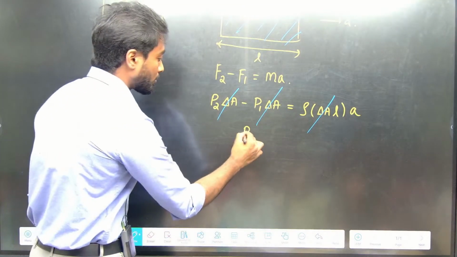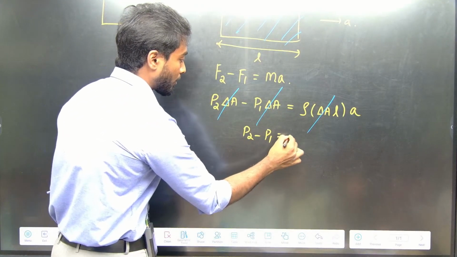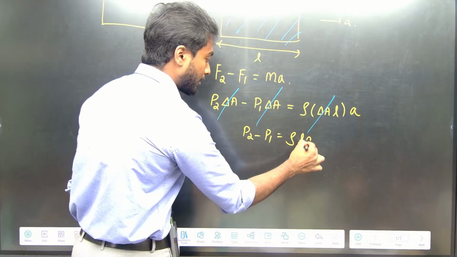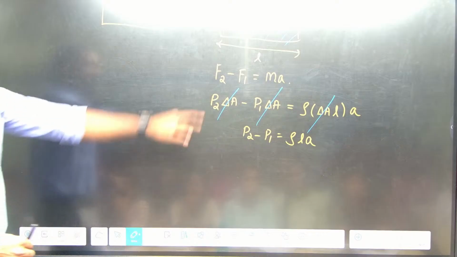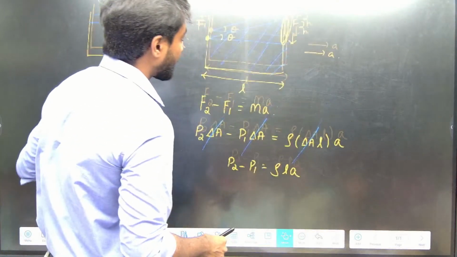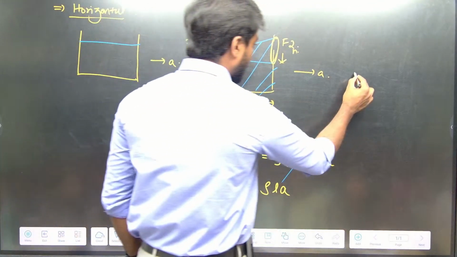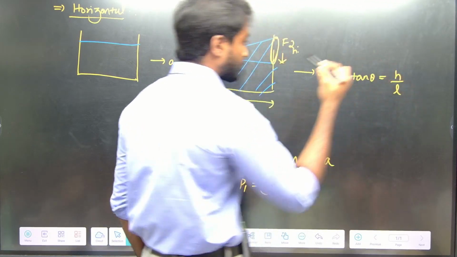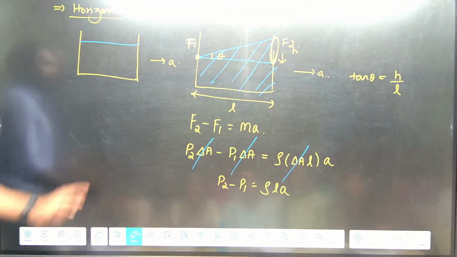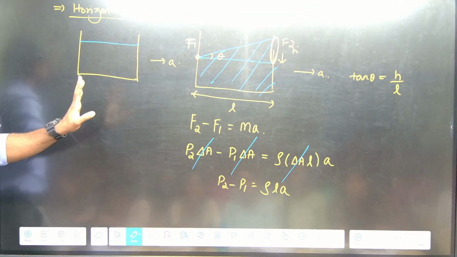So P2 minus P1 equals rho L into A. And from this diagram, can I write tan theta is equal to H by L, opposite by adjacent.